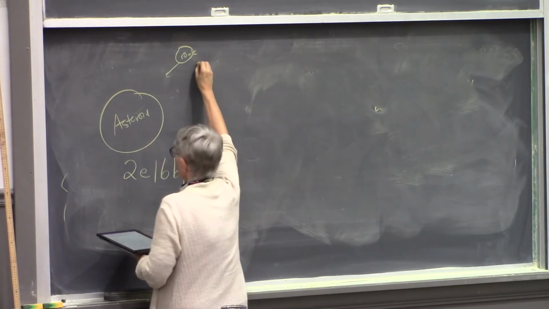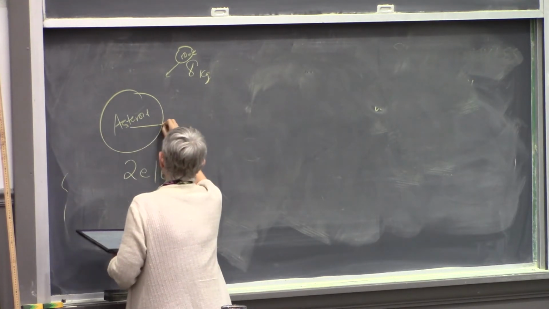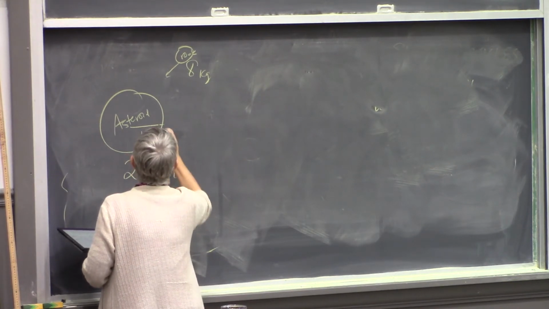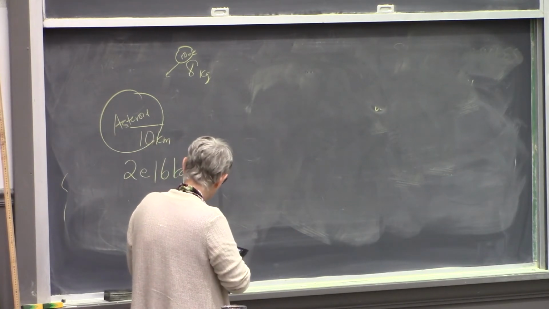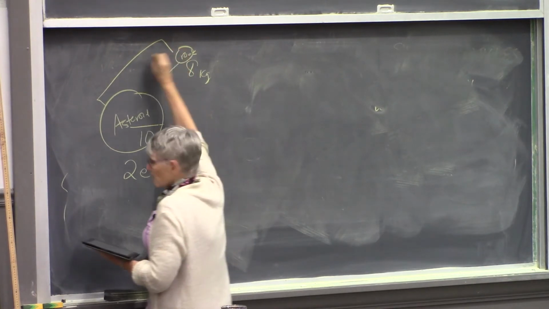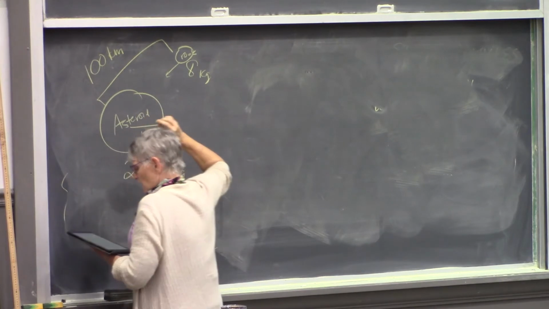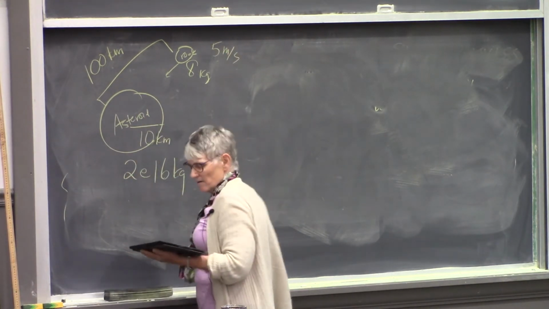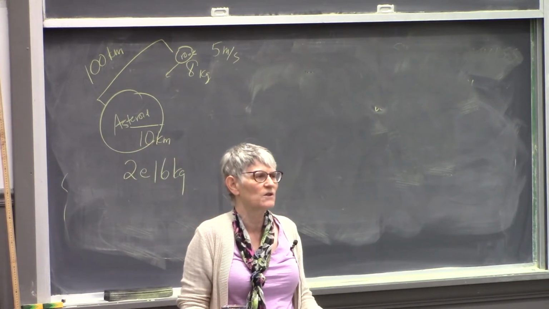The mass of the rock is 8 kilograms. And the radius of the asteroid is 10 kilometers, sorry. And it starts out 100 kilometers away with an initial speed of 5 meters per second. And so the question is, how fast is the rock going when it actually hits the asteroid?